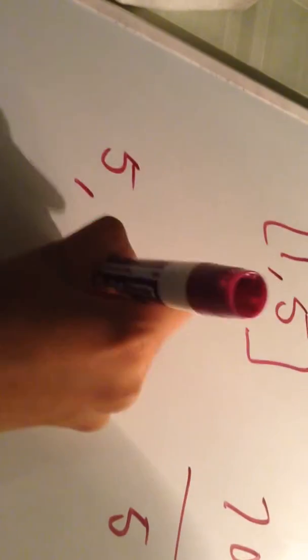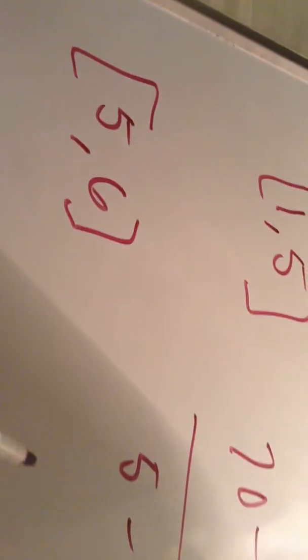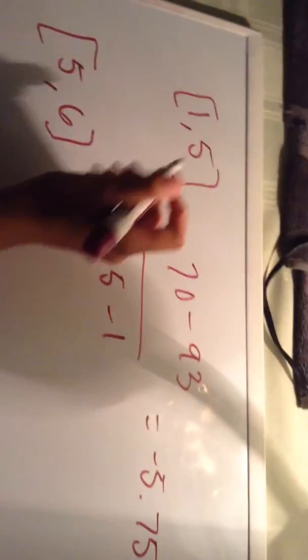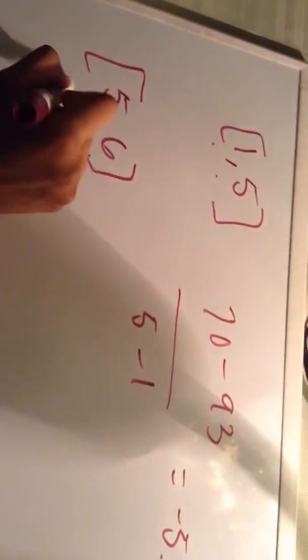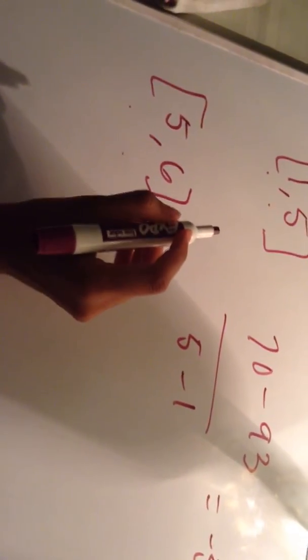And then we're going to go from 5 to 6. You're going to ask, why are we going from 1 to 5 and 5 to 6? Well, we're going from those intervals because you see a decrease right there. You see that these values are decreasing.